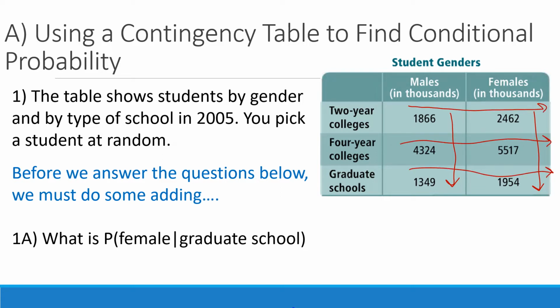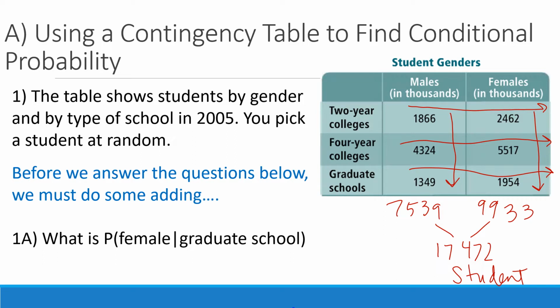The number of males is 7,539. The number of females, in thousands, is 9,933. I'm just going to add these two together, so we have 17,472 students total.